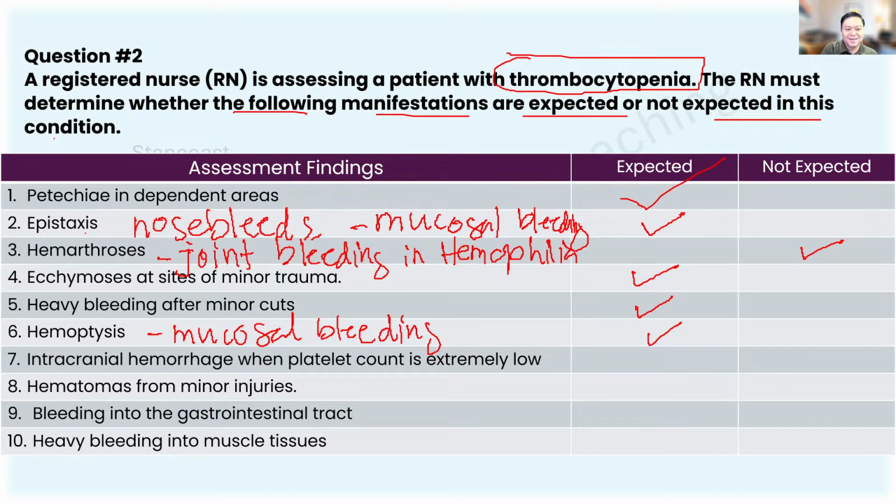Yes, this is expected, guys. Intracranial hemorrhage is going to occur when there is extremely low thrombocytes. This can be life-threatening for this patient, especially when their platelet count drops below 10,000 per cubic millimeter. Okay, intracranial hemorrhage. What about number 8? Hematomas from minor injuries. What did I say earlier?